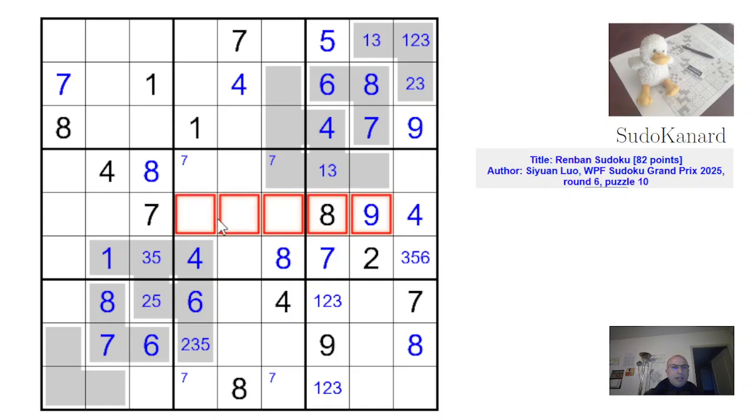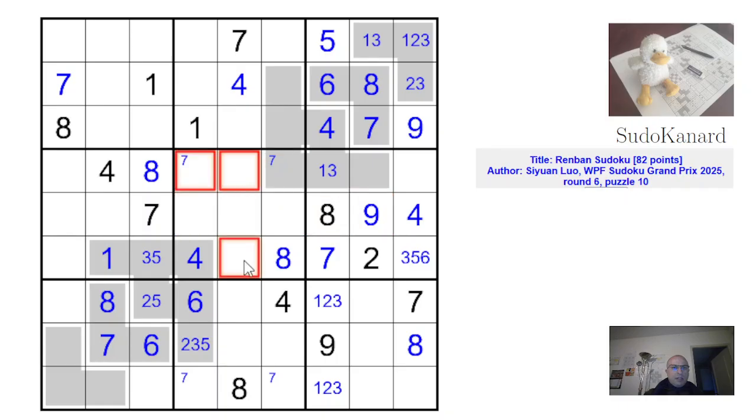Is this about 9? 9 is not here. It's not inside the Renban, as I mentioned earlier. But it could be anywhere in those cells. This is not helping.